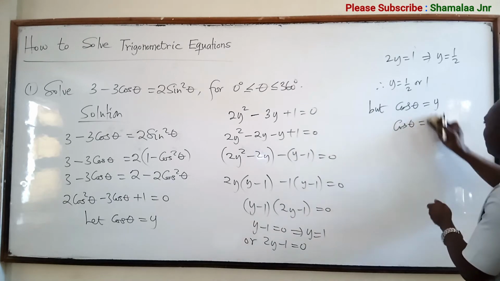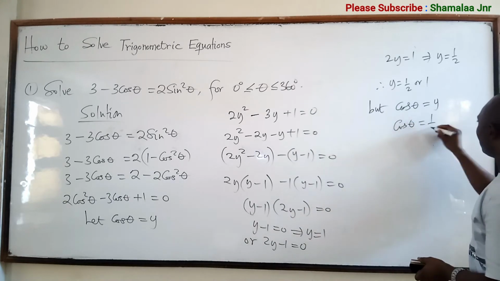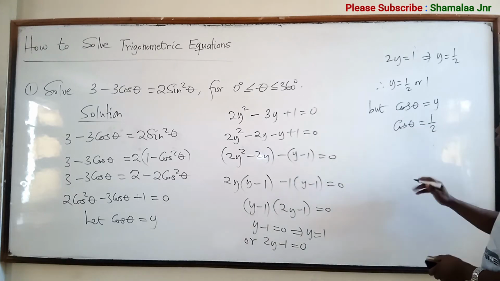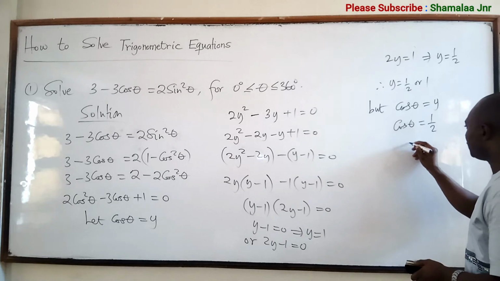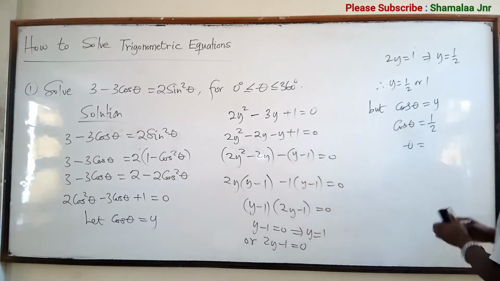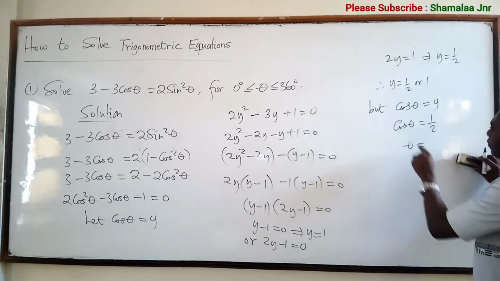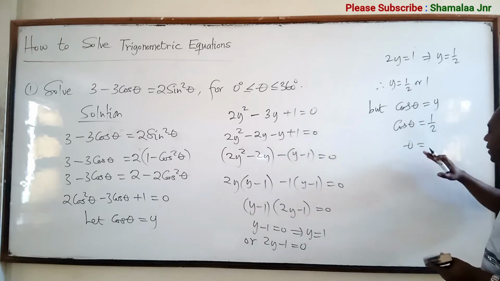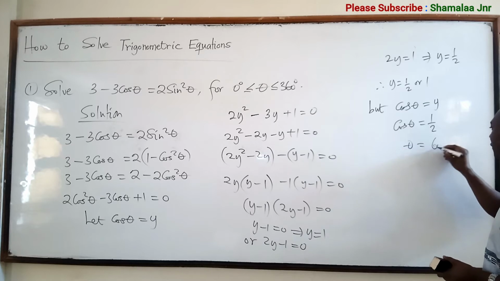So you want the values of theta that will make this true. So this means that theta is equal to, cos 60 is equal to half. So it means that 60 is one of the angles, so 60 degrees.